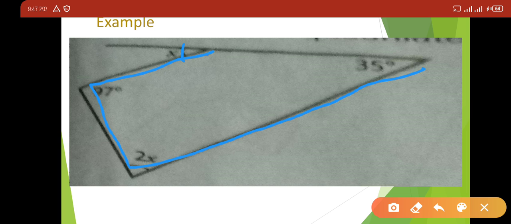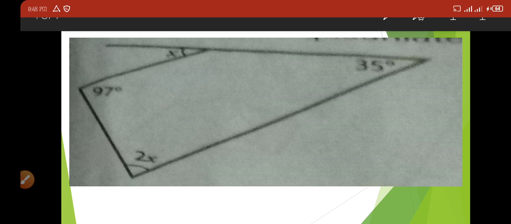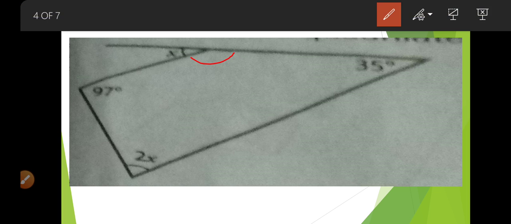This is a quadrilateral, a shape that has four sides. So this straight line formed an angle, and we know the sum of the angles on a straight line is equal to 180 degrees. So if we want to solve this question now, this angle is part of our quadrilateral.